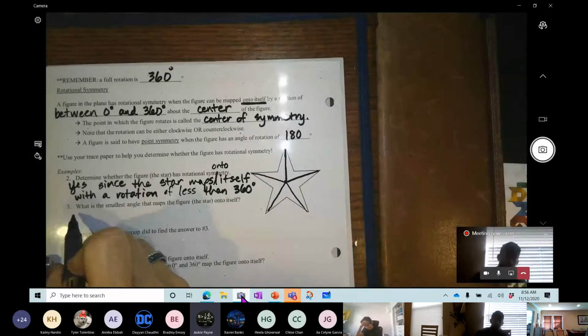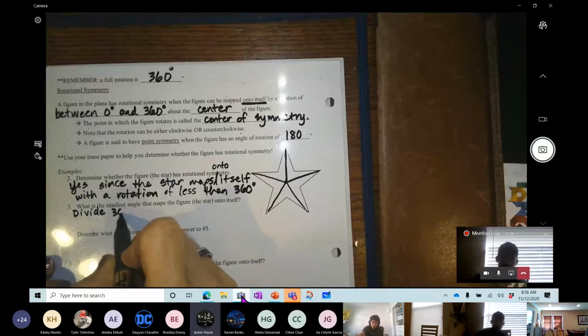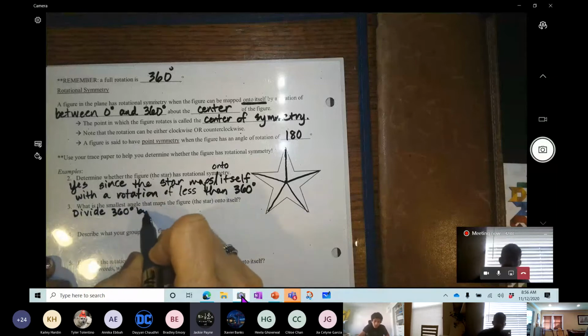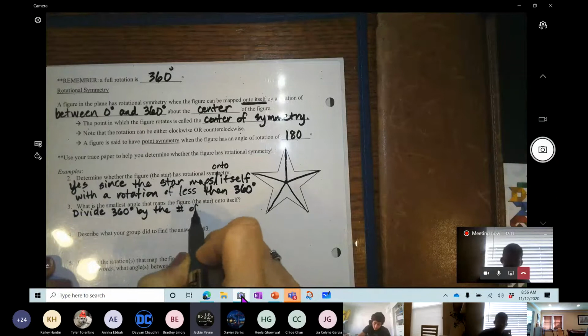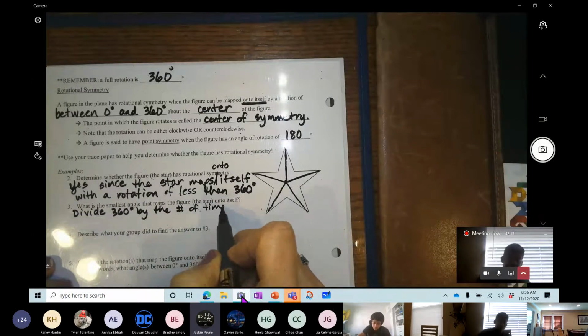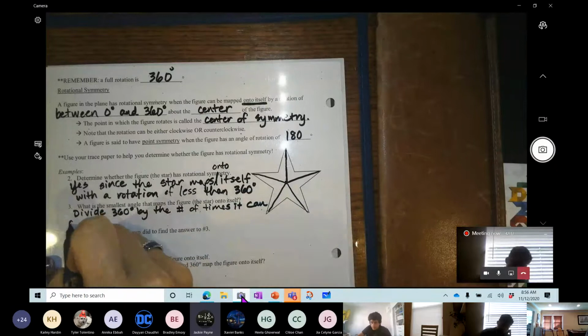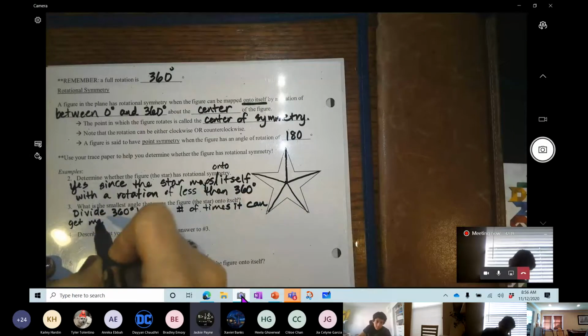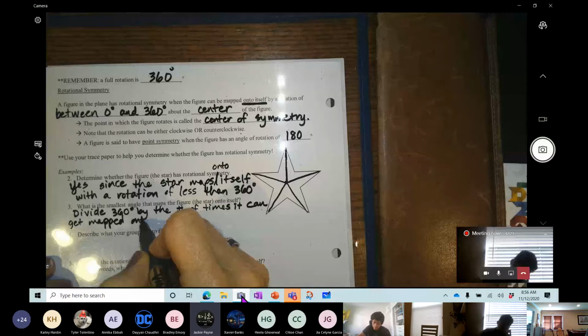What you do is you divide a full rotation, which is 360 degrees, by the number of times it can get mapped onto itself.